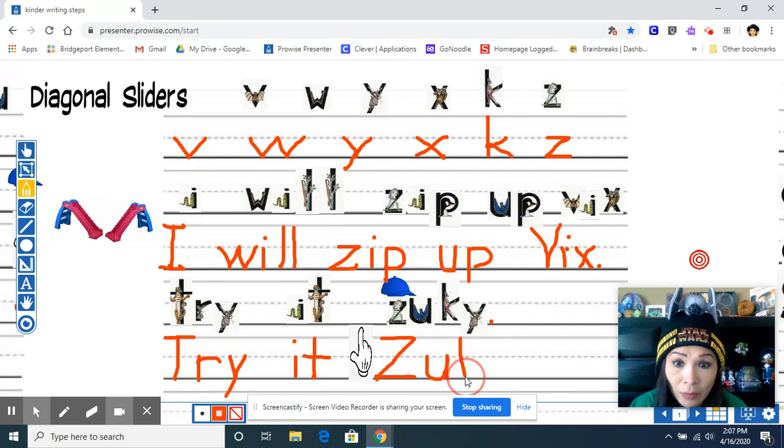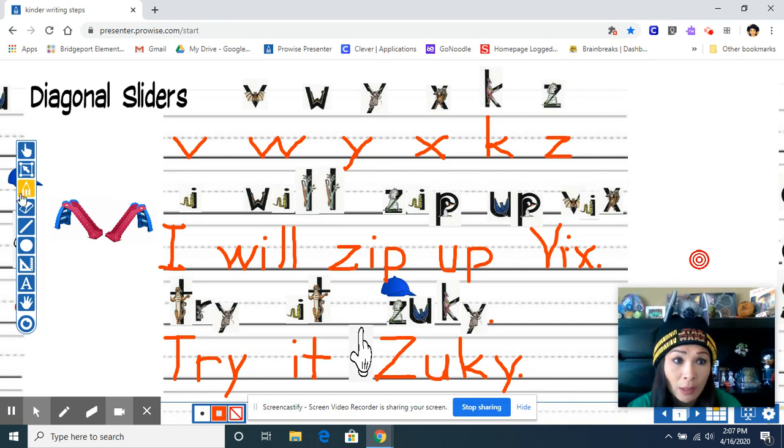Okay, from the top. Middle line, kick the belly. Zuki. Okay, Y is like a V, but you scuba dive. Try it, Zuki. And what do I need at the end? Yes, a period, because I'm done telling you something. There you go, there's my period.